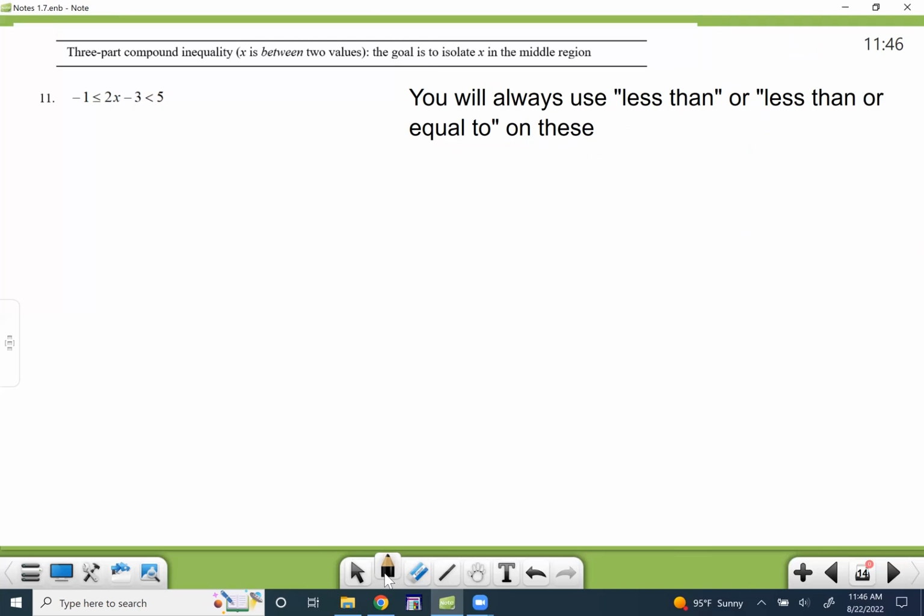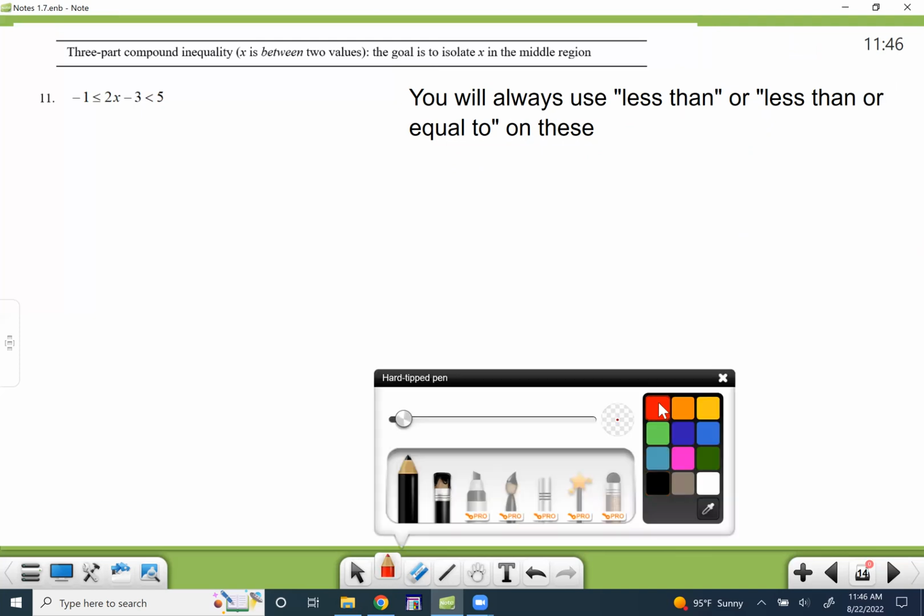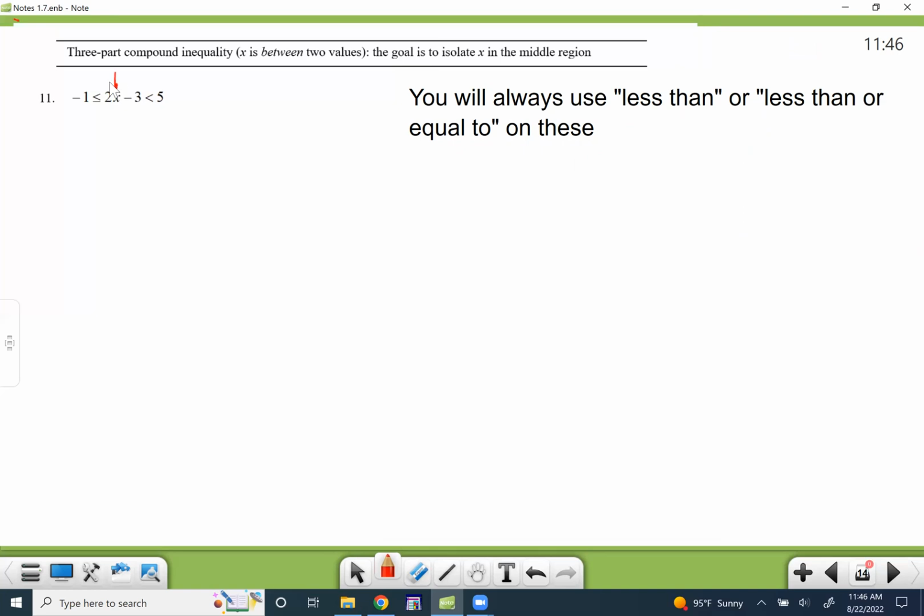All right. So this one's already starting off with less than. Let's see what happens as we go in to solve it. Now for solving these, you want to isolate the x. You want to get the x by itself. So you're going to do what you would usually do about adding 3. But now we have kind of two inequality signs, and so you have to make sure you do it in all 3 spots, you guys.